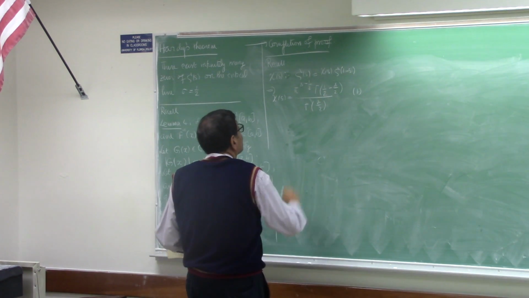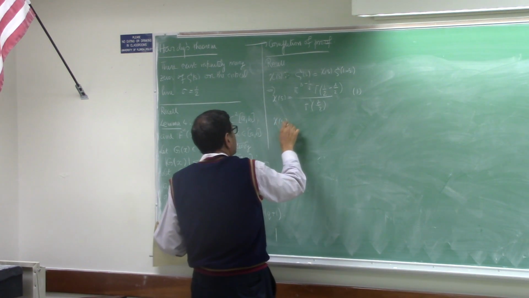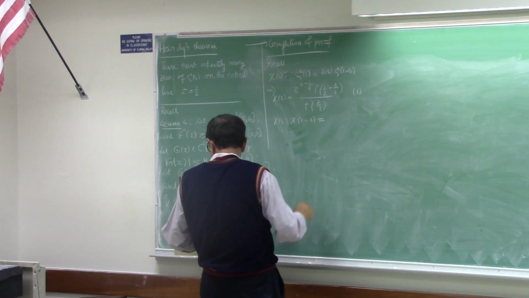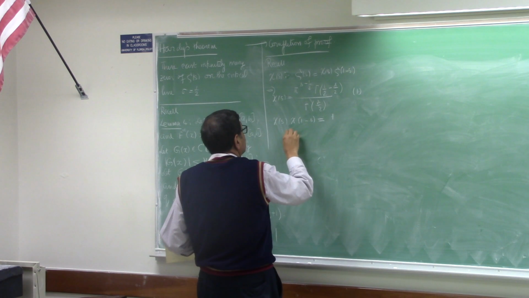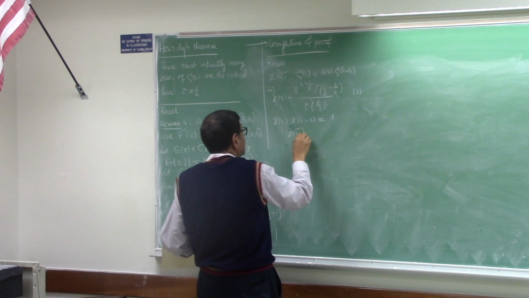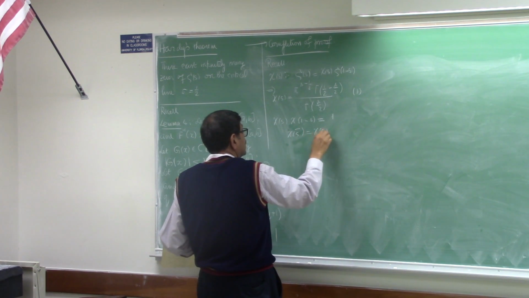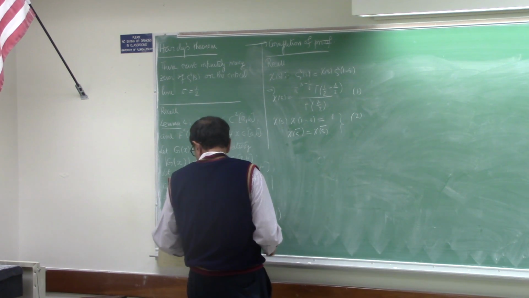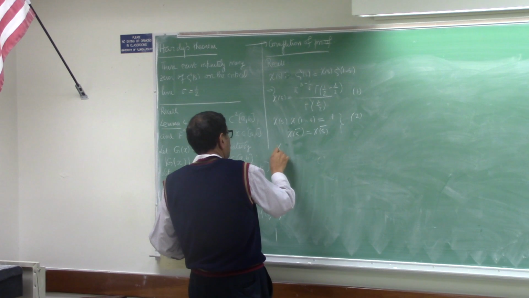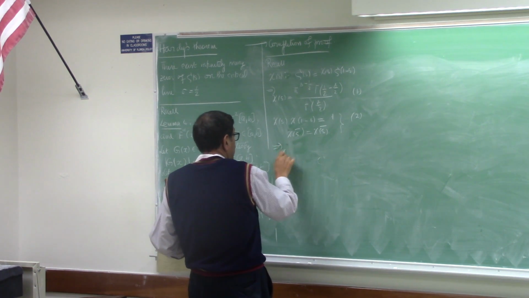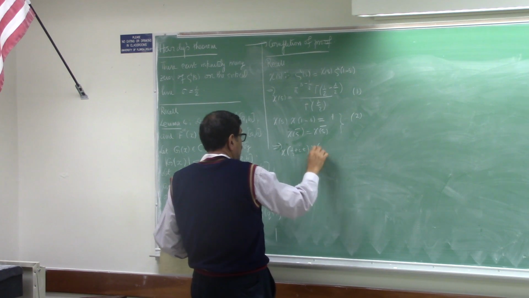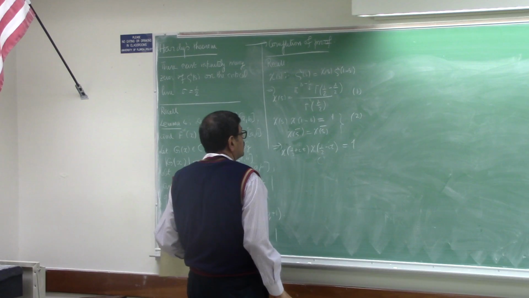And then chi(s) chi(1 minus s) was equal to 1, so chi(s) times chi of s bar is 1. So these two together yielded chi(1/2 plus it) chi(1/2 minus it) is equal to 1.